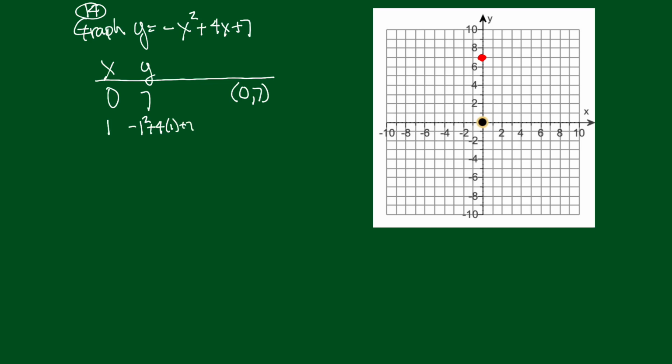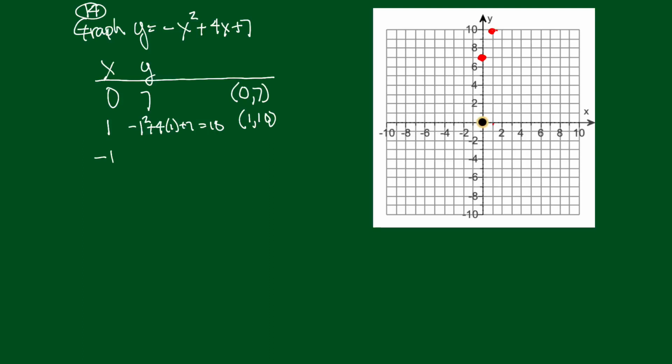And when I compute that, I come out with a 10. Is that right? 7 and 4 is 11, minus 1 is a 10. So I get this point right here. To the right 1, up 10. Let's plot that. So to the right 1, I'm starting at the origin. I go to the right 1, and up 10. I'm way up there.